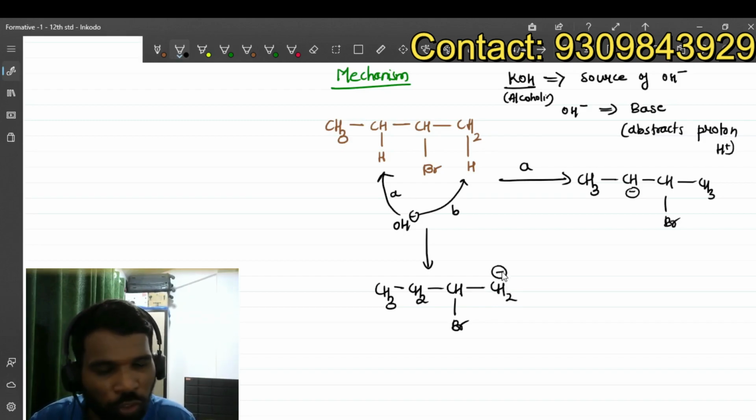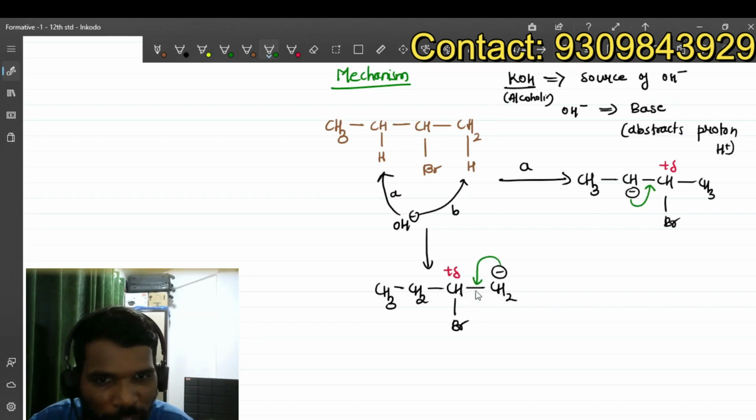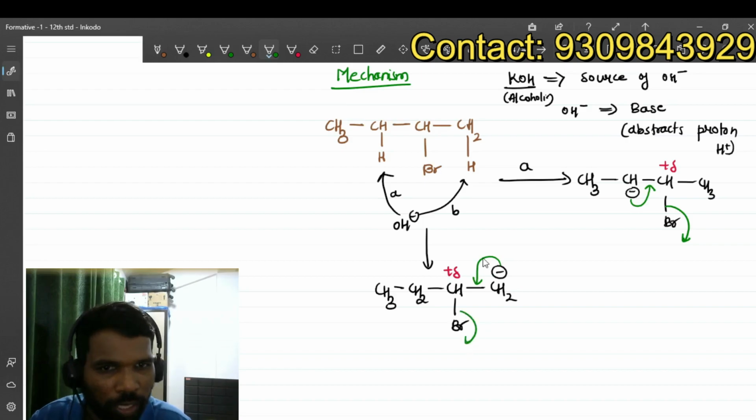This is a negative charge, where it's going to move, where there is a positive. So here this carbon is partially positive, this carbon is also partially positive. So this negative charge is going to move over here, and this negative charge is going to move over here. So now it is forming a new double bond, means this carbon is forming more than four bonds. One bond should break, which will always break, this Br will break, and here this Br. So there are two possibilities.